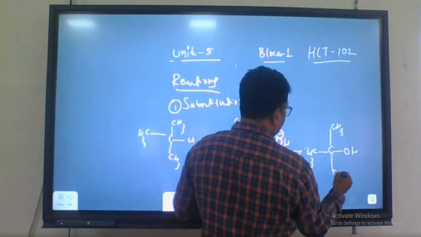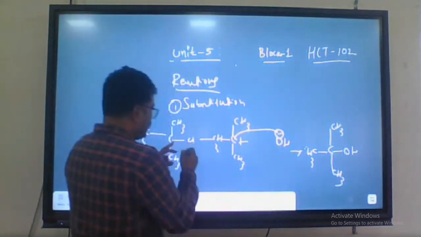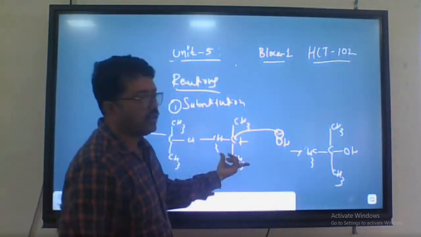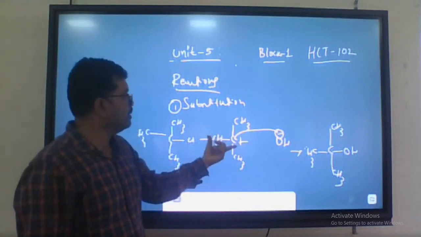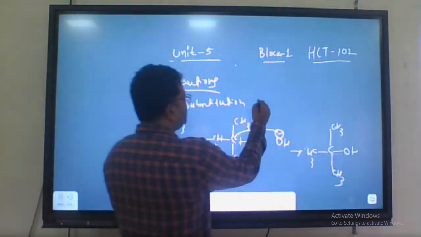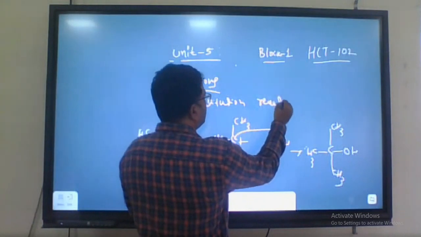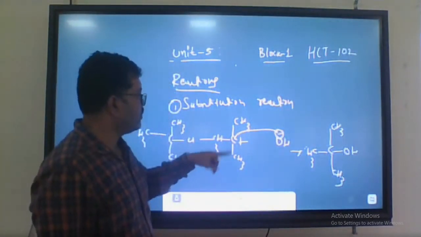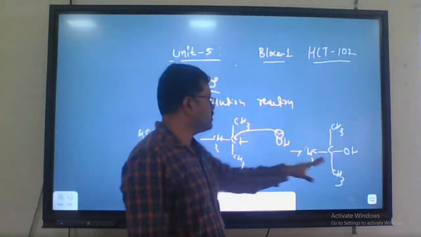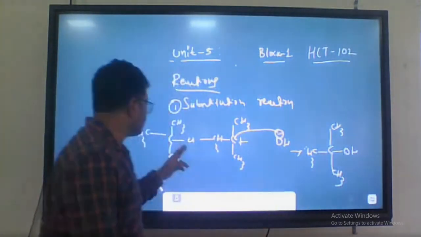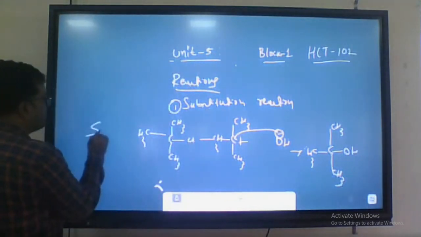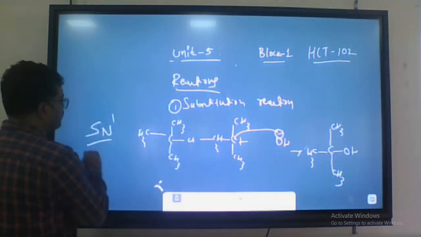So here chloride is substituted by OH. This is called substitution via intermediate carbocation. After chloride dissociates, the carbocation forms, and OH substitutes on the carbocation. This is the substitution reaction, called SN1 reaction.